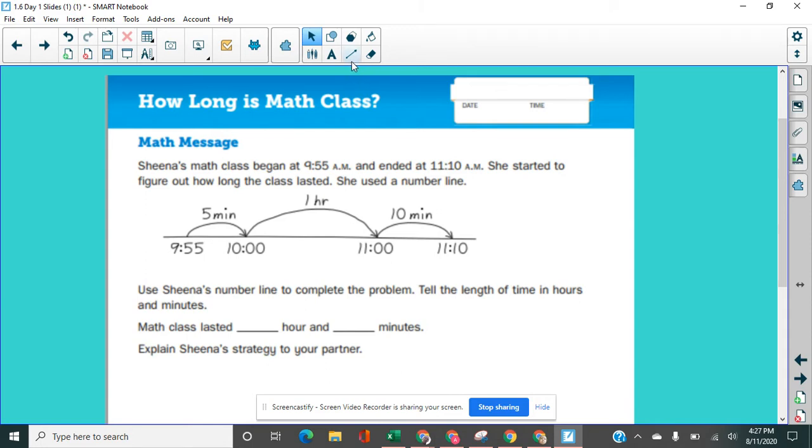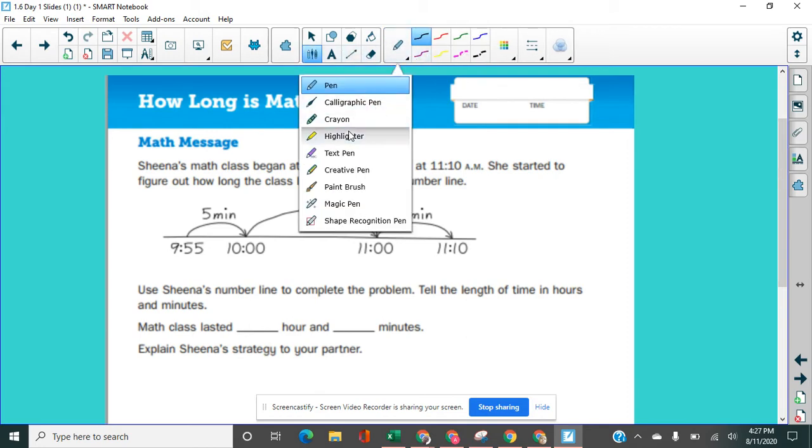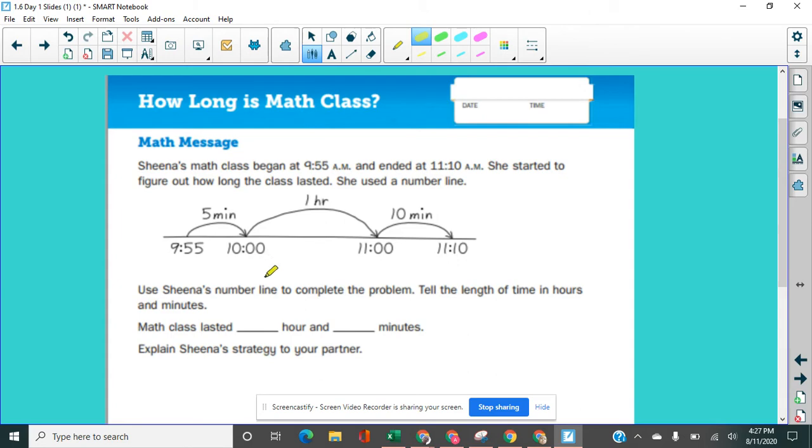Well, I'm going to look at what she did here. I'm going to use a little highlighter to talk through this with you, right? So how many full hours? Well, I can see that this chunk right here was 1 hour, okay? And there are no more hours.